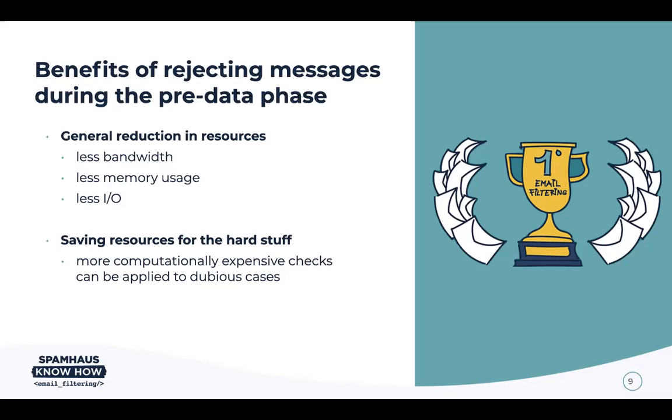There are a lot of other parts of that SMTP conversation, that email metadata that you get, that you can query against our reputation data sets and get an idea of what kind of email you're dealing with and if this is something you might not want to accept at all.